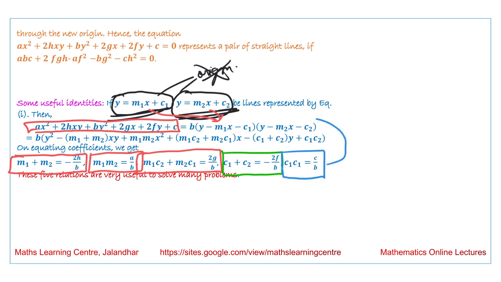So these are the relations that we will obtain if you calculate the joint equation of these two lines and compare it with the general equation of second degree. These results will be used in solving certain problems.